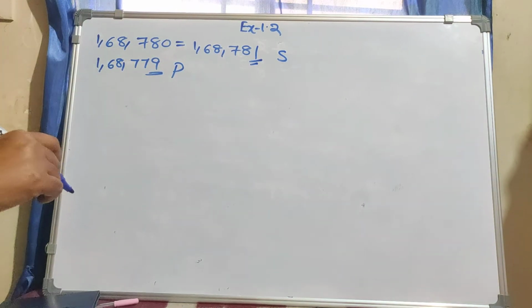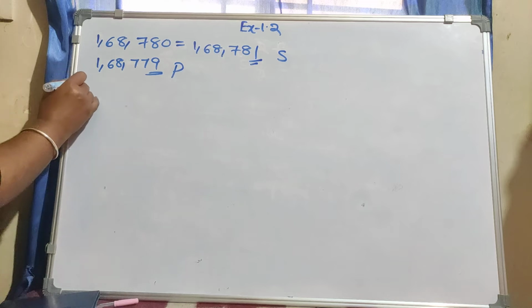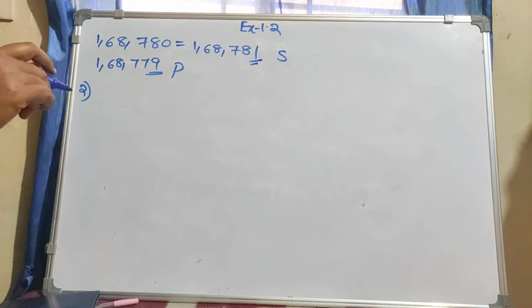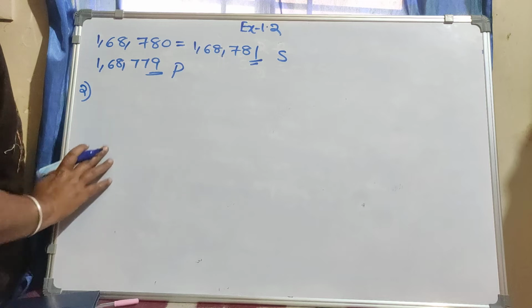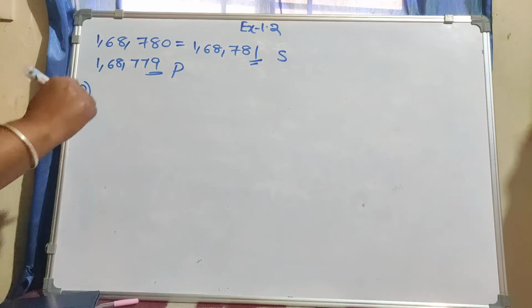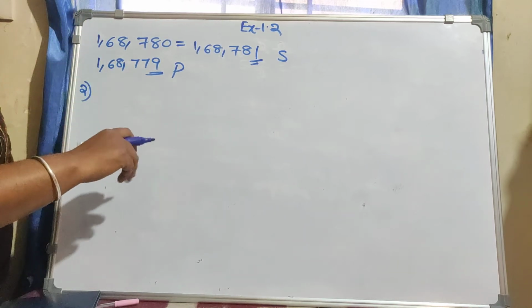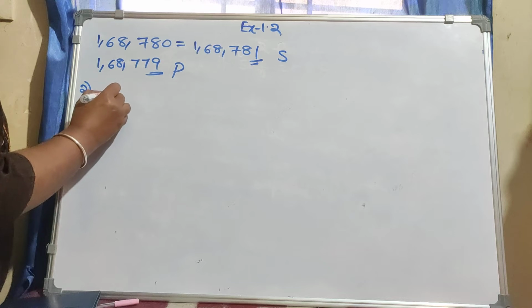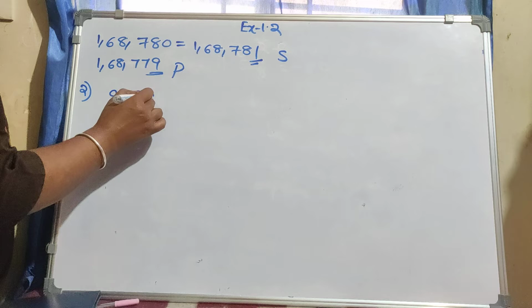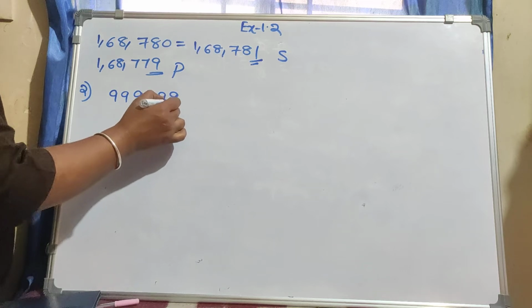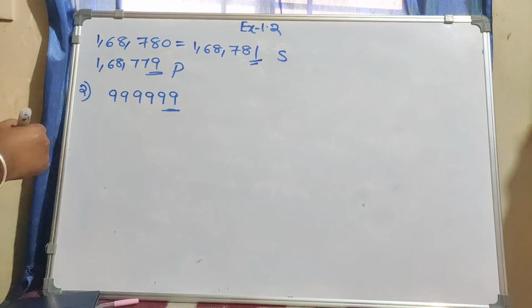Now the second question. Which number is the predecessor of the largest 6-digit number? In the last session, we already discussed the largest and smallest 6-digit numbers. The largest number is always made of 9s, 999999. This is the largest 6-digit number.